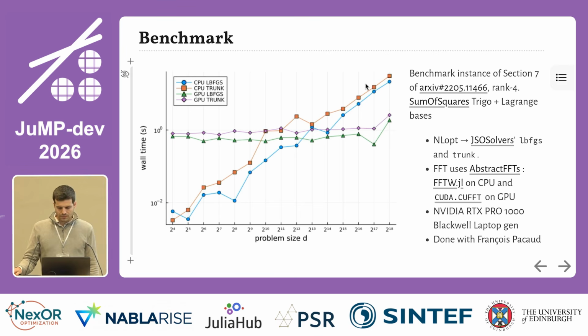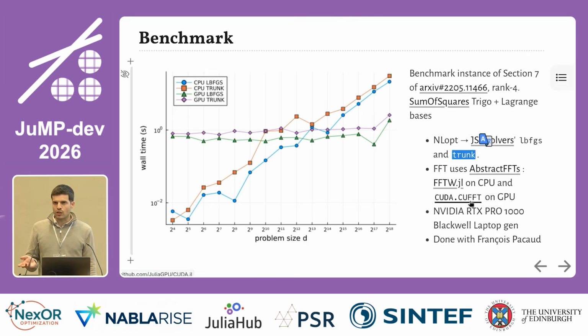We did a small benchmark with François to solve sum of squares problems. In sum of squares, if you use the trigonometric basis with the Lagrange basis, these A_i matrices will be equivalent to calling the FFT. We tried different solvers, which are BFGS and Shor, using the FFT.